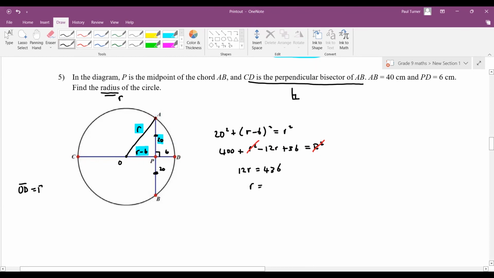Okay, so R will be 109 on 3, if you simplify a bit, and you'll get 36 1/3 for the radius, cm, if you want to keep it in the exact form, or 36.33. So 36 1/3, or 36.3 recurring cm. So that would be the radius of that circle.